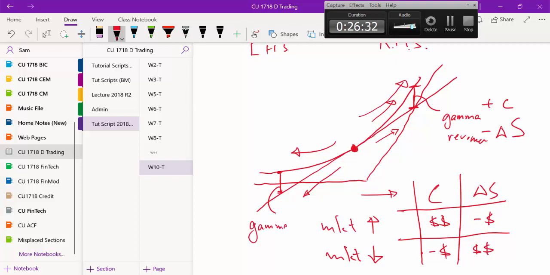Now, this really sounds too good to be true. You are making money as market's going up. You practically don't have to think. You just put on this position and you go home and you just go to bed, and it'll make money by itself. It sounds too good to be true.